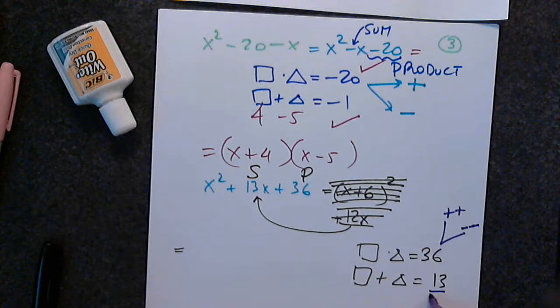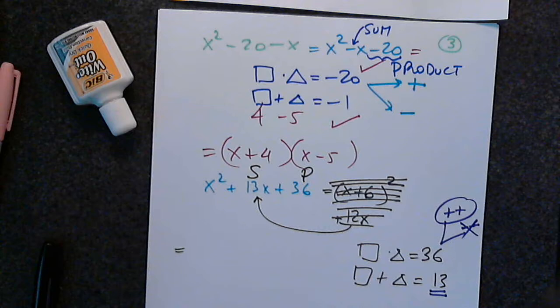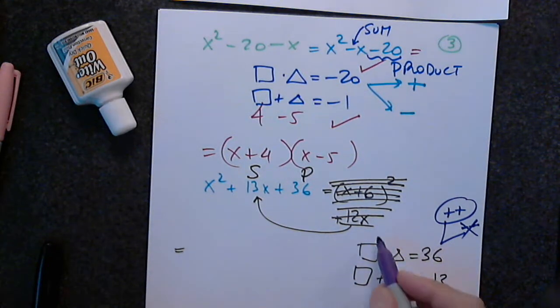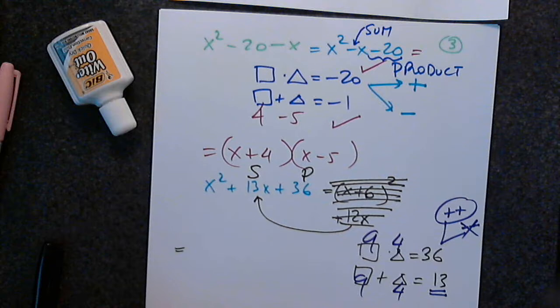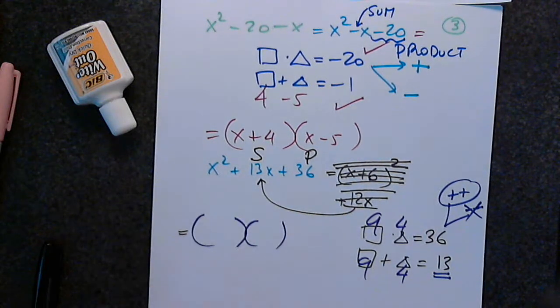But since the sum is positive, which one is the case? Of course, this makes no sense. How can I add two negative numbers and get positive 13? Well done. So can we find two numbers whose, yes? 9 and 4. Okay, what did you have? 9 and 4. So indeed, 9 and 4. So then we go straight to factoring it.